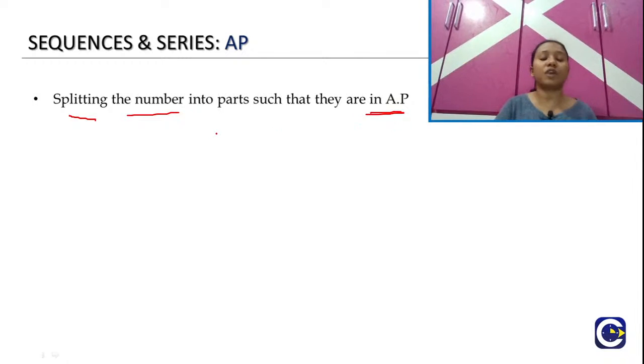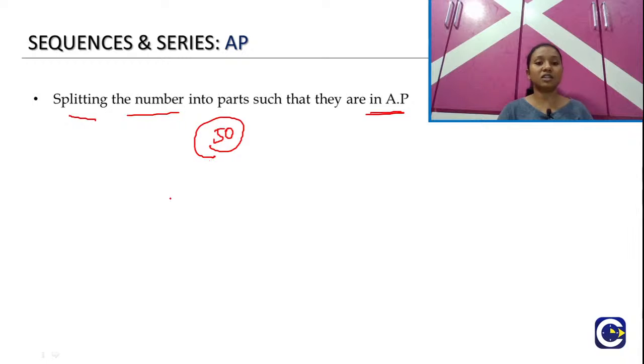Suppose I have the number 50 and it must be divided into three parts such that they are in AP. How will we consider those three numbers? In general, our standard AP will be a, a plus d, a plus 2d, and so on.